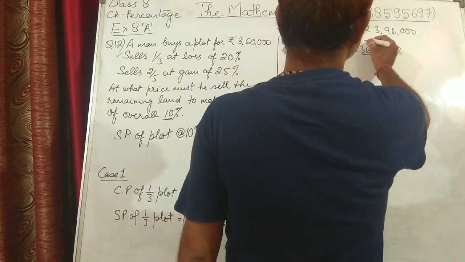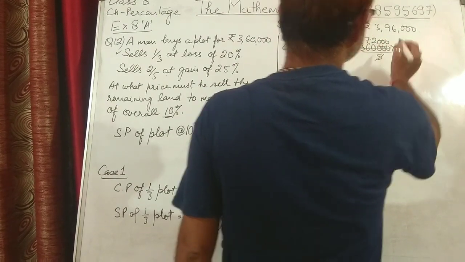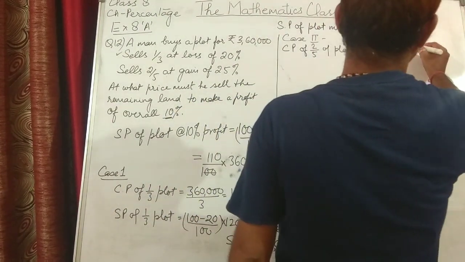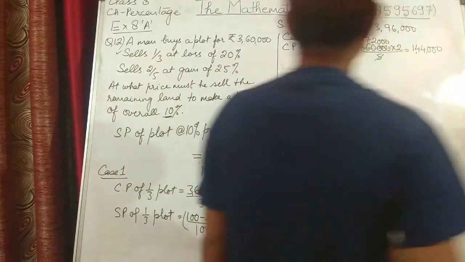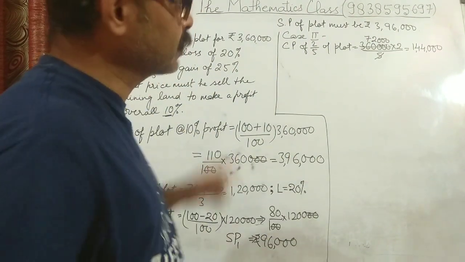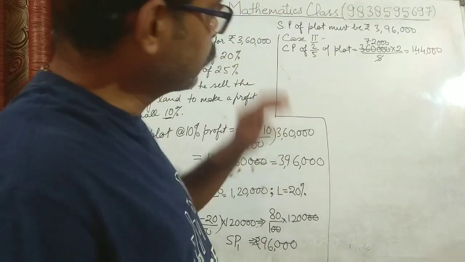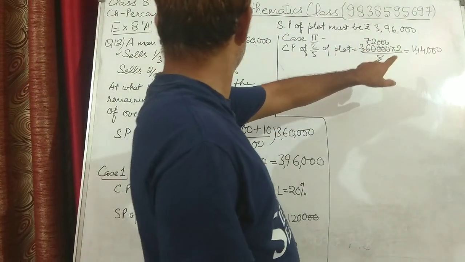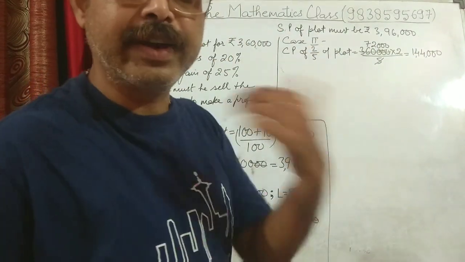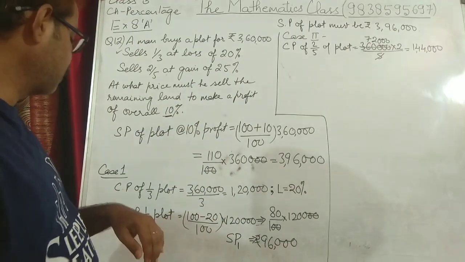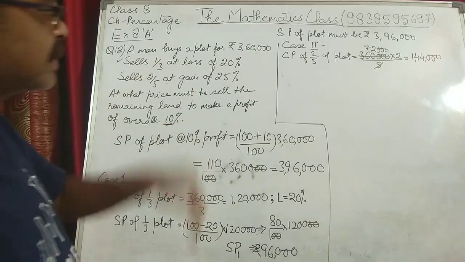Now 5 sevens are 35, 5 twos are 10, then zeros cancel. Now 72 into 2 is 144, and three zeros. It means the cost price of 2/5 of the plot is 1,44,000. Now in the second case he is selling this 2/5 of the plot at a gain of 25%. So we will find the selling price of the plot in the second case.